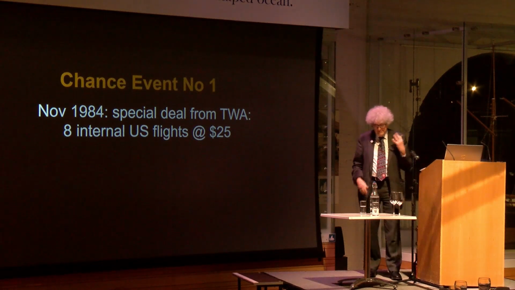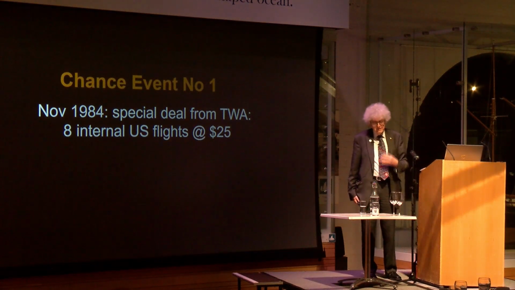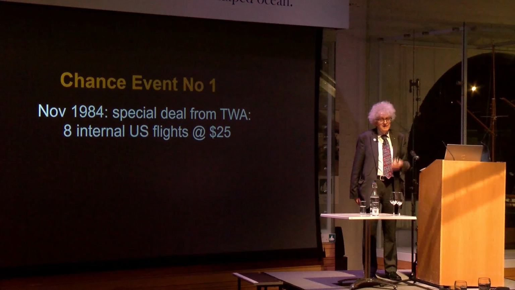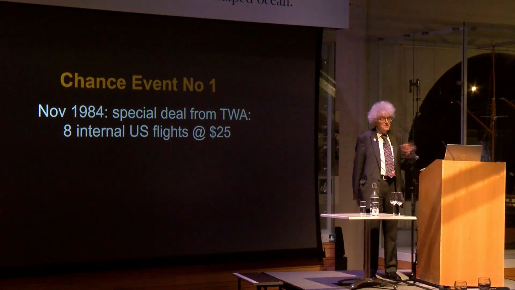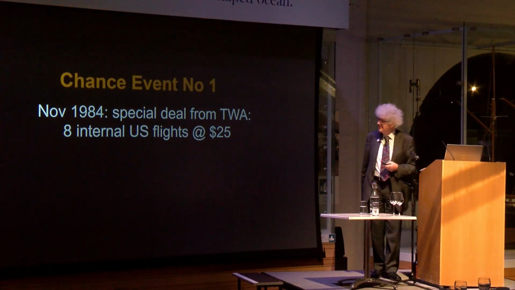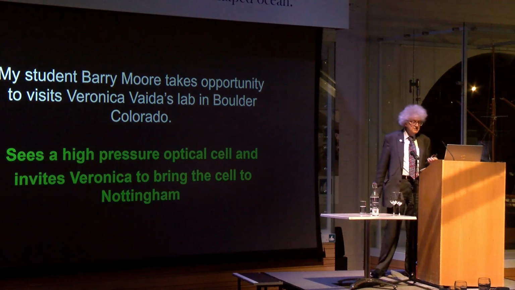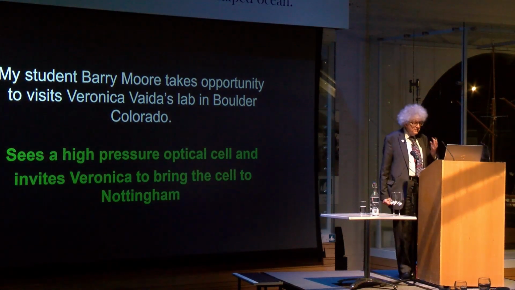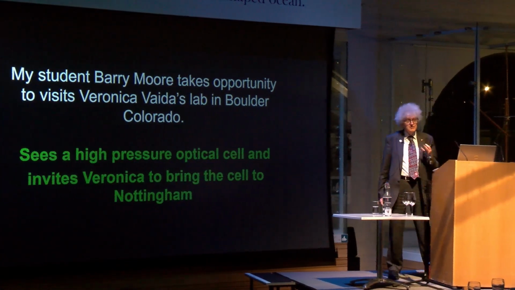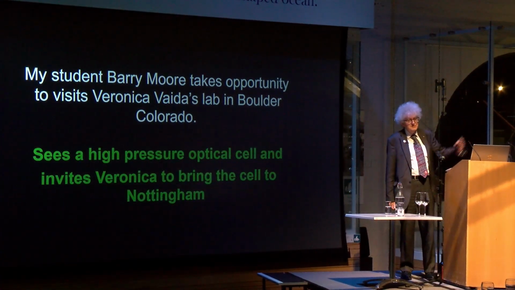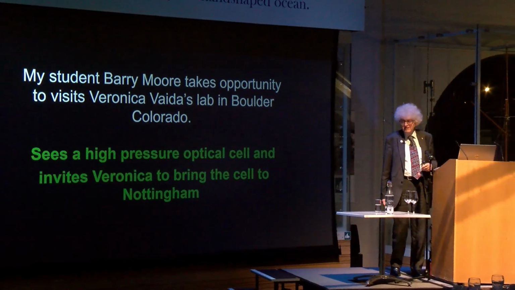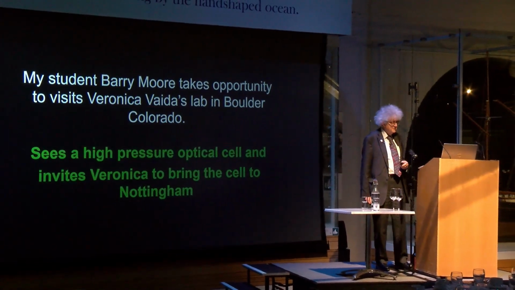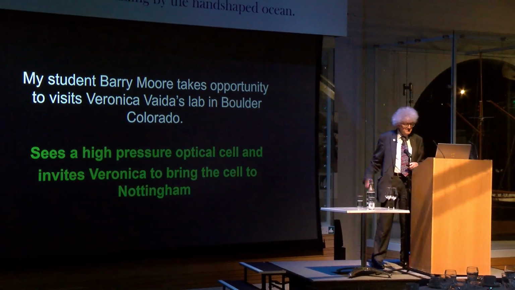And I went to the States with one of my students, Barry Moore, and he was determined to use all 8 flights. So he made a side trip to visit a physical chemist, Veronica Weider, in Boulder, Colorado. This was, I don't know, 2,000-mile detour for $25. Well, $50 because he came back.